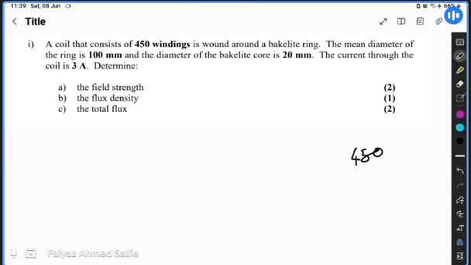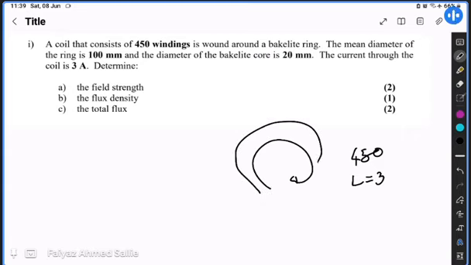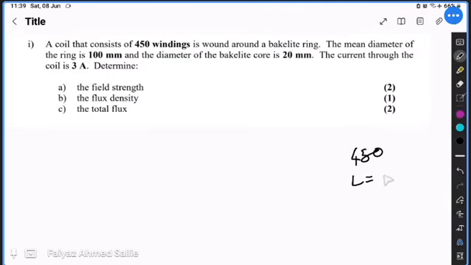So this here is going to be the length, because it's the ring. This distance here is 100 millimeters, so let's not forget about that. So we have the length of 100 millimeters.